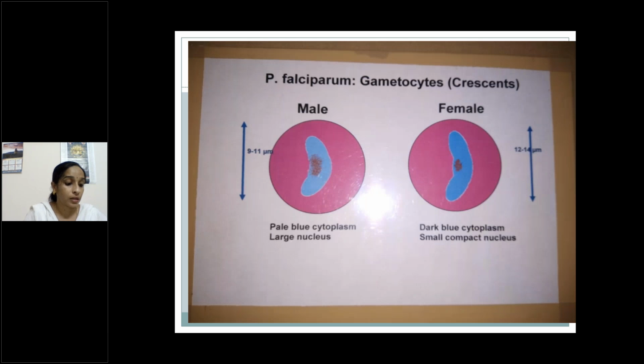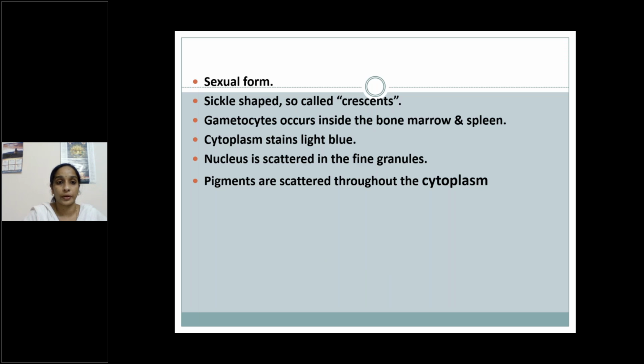Next, third spotter. Put the heading Plasmodium falciparum gametocytes. Note down the points.